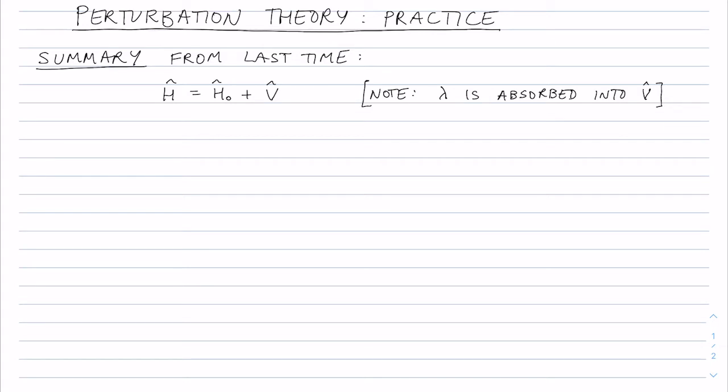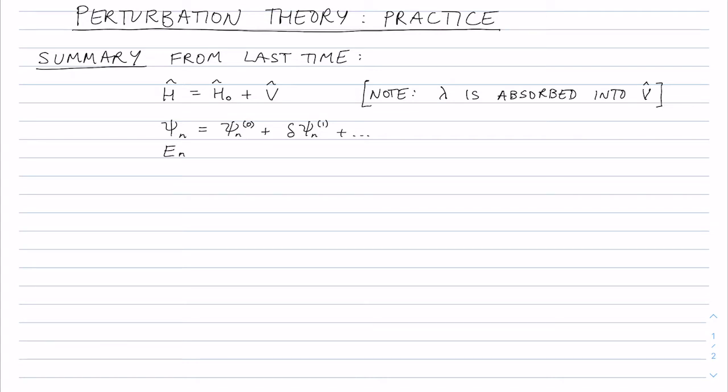And in that order by order expansion, we can write psi n, the exact solution, as the unperturbed solution plus a first order correction and so on. We didn't get to higher order.